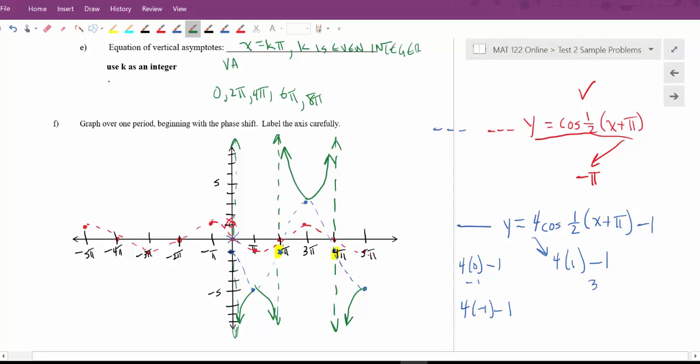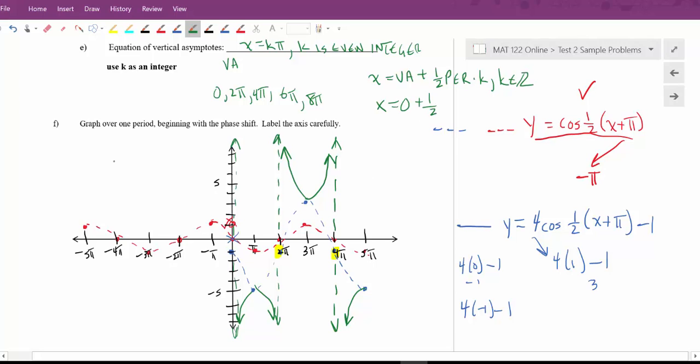The other thing that you can do is use a formula, and this is for a secant or cosecant: x equals vertical asymptote plus 1/2 the period times k, where k is an integer. I don't give you that formula, but you can memorize it if you want to. So you have an asymptote at 0. So you could say x equals 0 plus half the period.